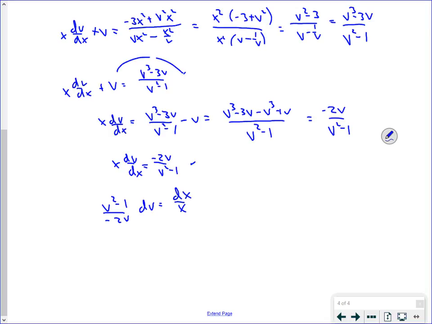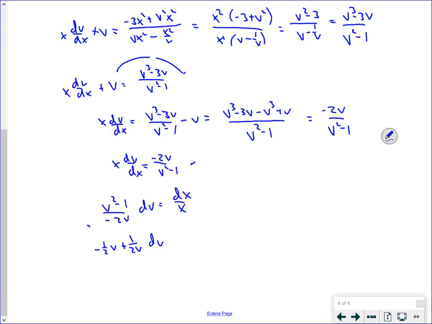Ready to integrate just about. v squared minus 1 over minus 2v. So that's what the left side is. v squared over 2v cancels off, minus 1.